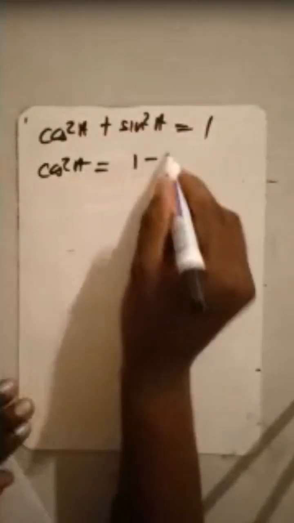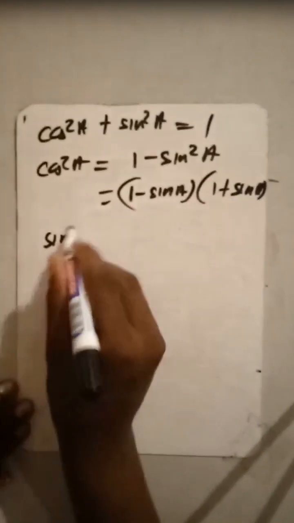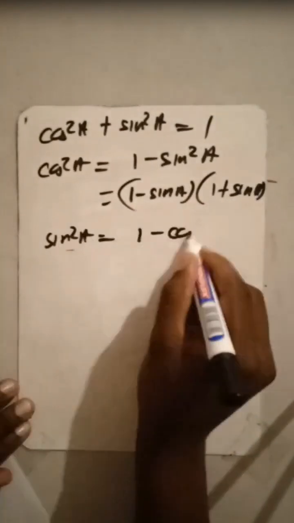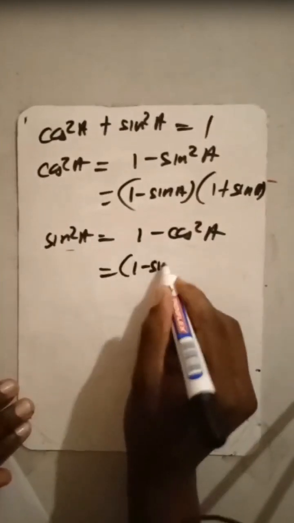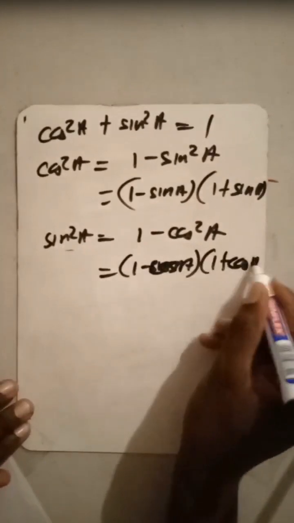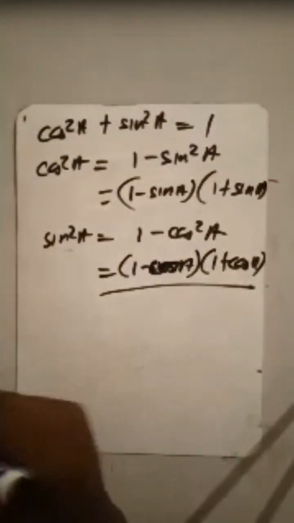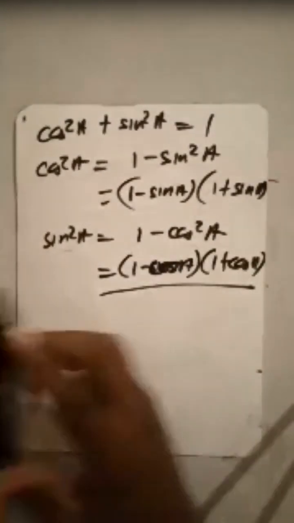Then cos squared A is equal to 1 minus sine squared A, and this one is a difference of two squares, so it's 1 minus sine A, then 1 plus sine A. Also, sine squared A is equal to 1 minus cos squared A, which is 1 minus cos A, then 1 plus cos A. This is how it is, so don't forget this.